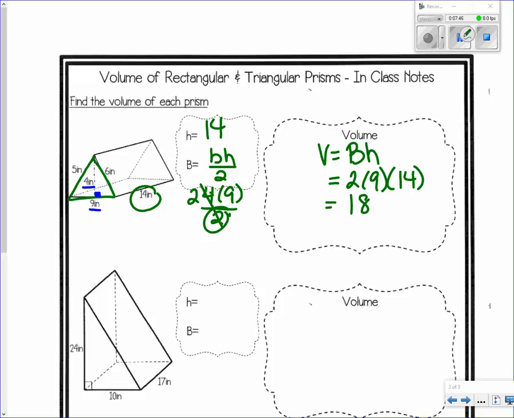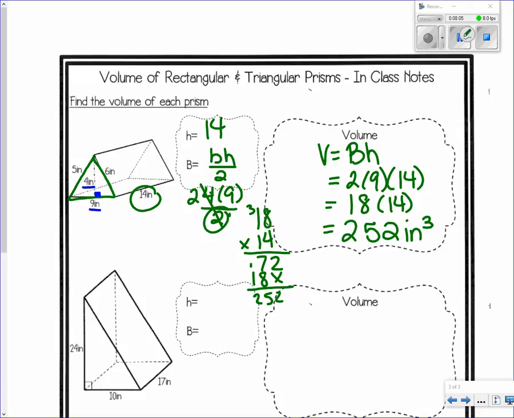So that's 18 times 14. So I get 252, and we are in inches cubed.